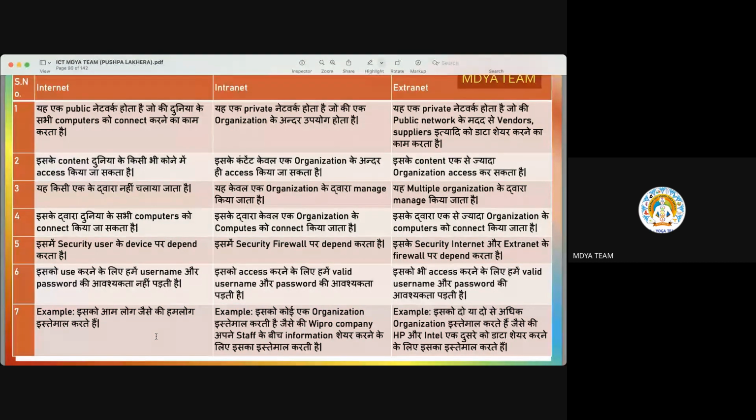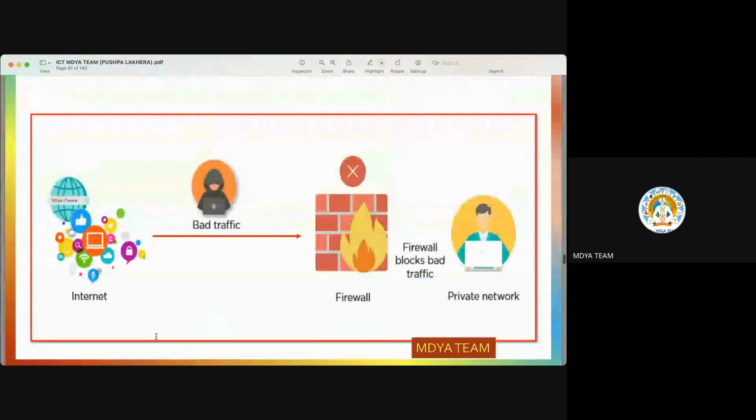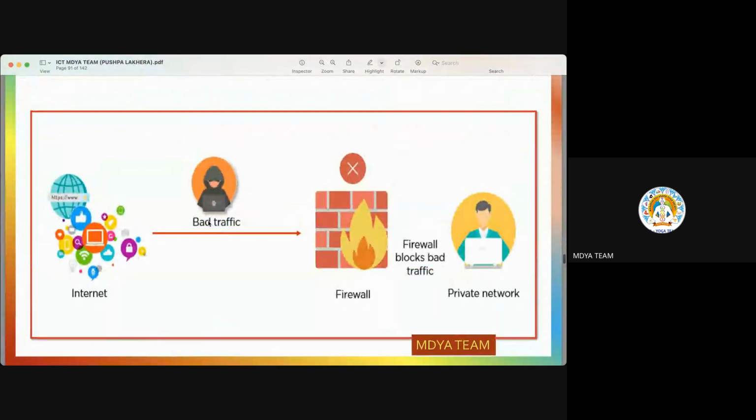They are two different companies, and they want to communicate and share their data. They have their own system or accessibility. So firewall is nothing but a program which protects the private network from any bad traffic, unwanted or corrupted files, or anything which is not useful for them, so it prevents such traffic from entering.